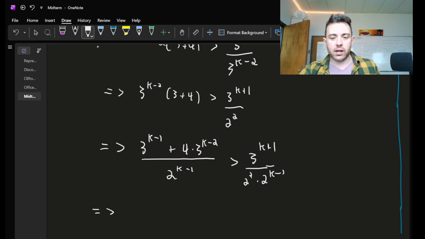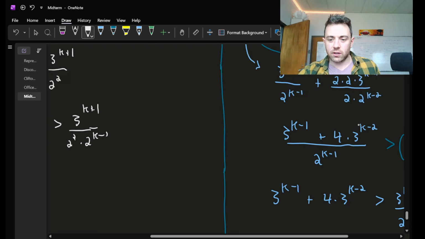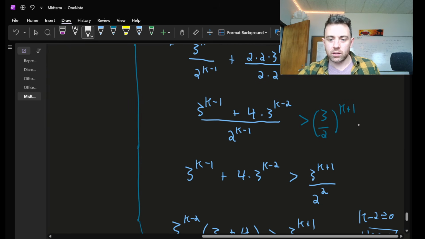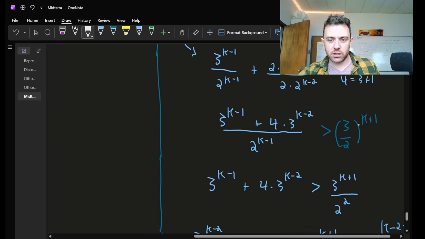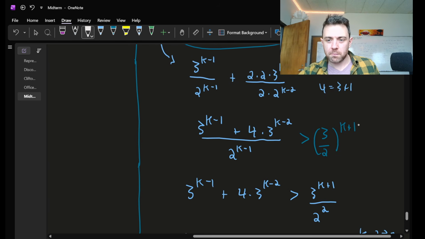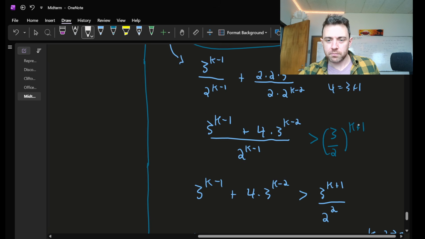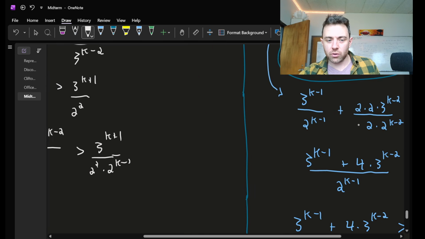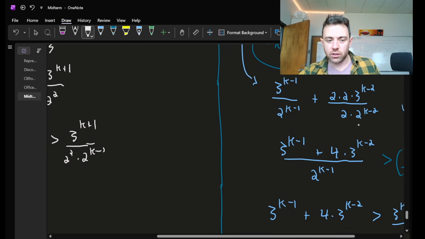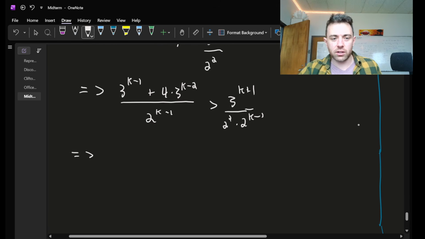And this implies 3k plus 1. Where did that all come from? Oh yeah, I want to separate out the other side, right?